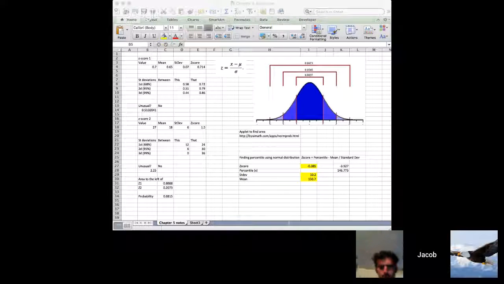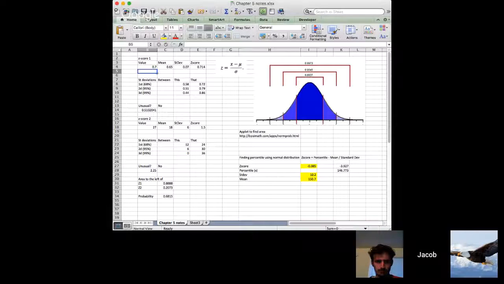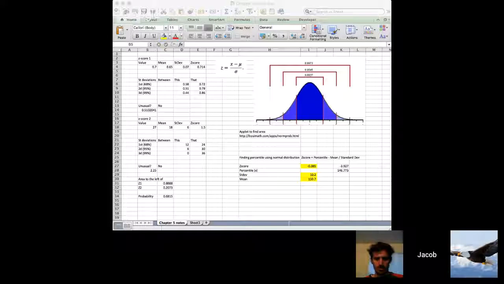Okay, so question 8. According to the 68, 95, 99.7 rule, what percentage of the data from a bell-shaped distribution will be within 1 standard deviation of the mean? That's 0.68. So it says write your answer as a percentage, so it would have to be 68, right? No, it's got to be a decimal calculation.